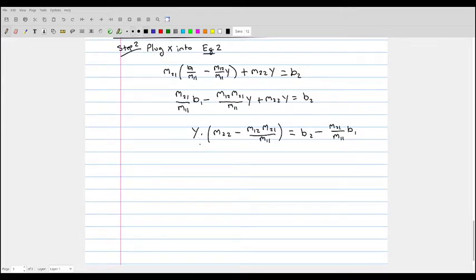Or if we simplify this a little bit, it's the same thing as y times, when I bring this to common denominator, m11 times m22 minus m12 times m21 over m11.